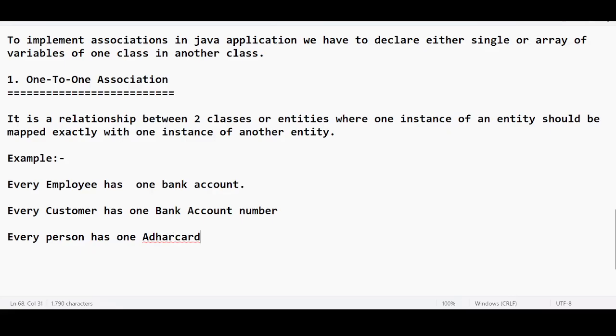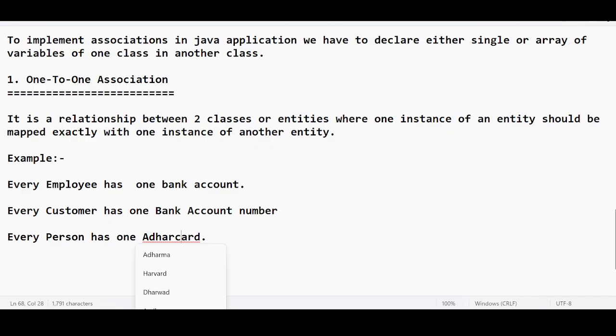All the person information can be filled in the person class independently, but the Aadhaar card is a collection of address, phone number, Aadhaar card number. So many fields will be coming up when you want to store the Aadhaar card information.